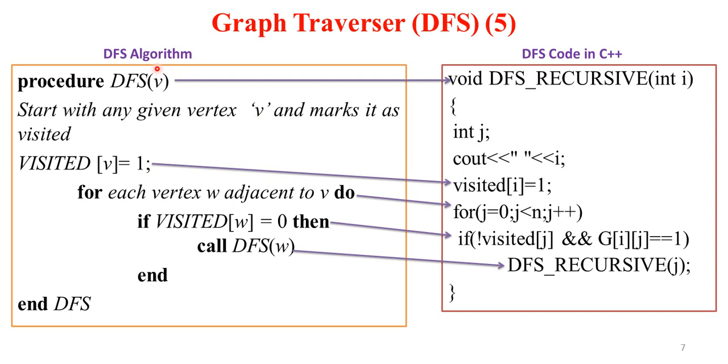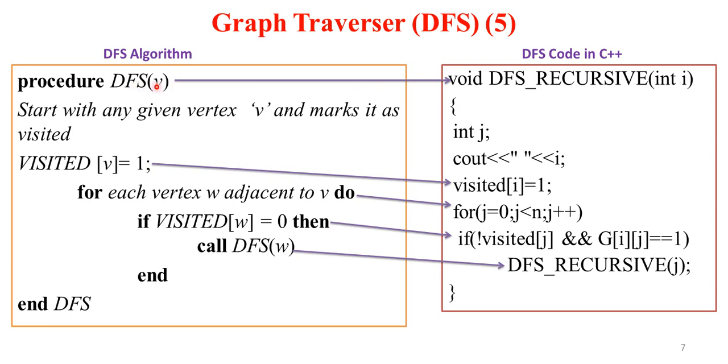Now coming to the implementation part. The C++ code for this DFS algorithm is very straightforward. We have a function here, and as this function doesn't return anything, its return type is void.